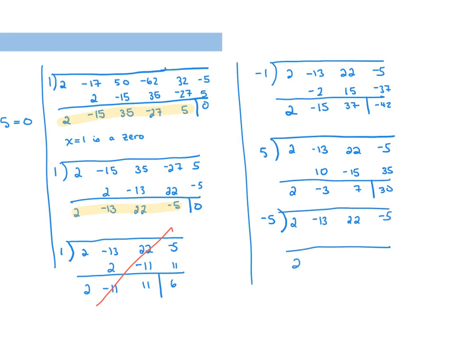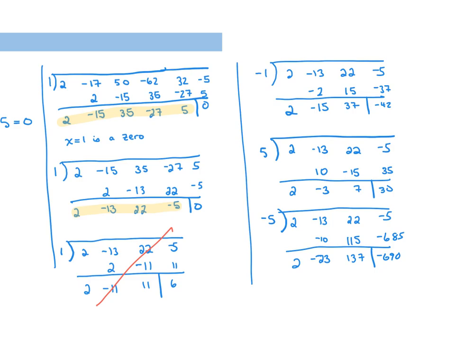Bring down the 2. We have negative 10. That's negative 23. So negative 5 times negative 23 will be a positive 115. If I add those, the 22 and the 115, that gives us 137. Multiply, that gives us negative 685, which is going to yield negative 690. Definitely not working there. So let's go down our list.